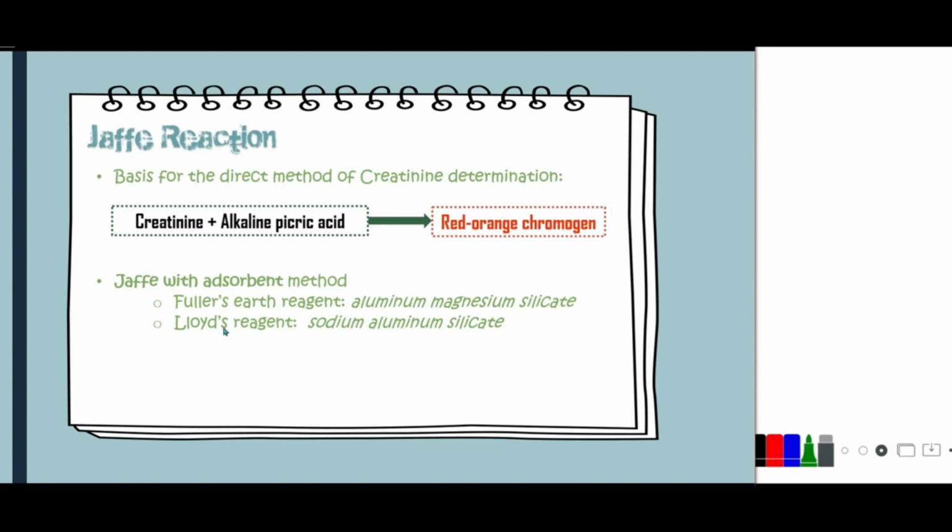On the other hand, your Lloyd's reagent is composed of your sodium aluminum silicate. However, the disadvantage here is, of course, that our method becomes time-consuming. Because aside from allowing your alkaline picric acid to react with creatinine, you would also have to give time for the adsorbent to fully remove the interfering substances.